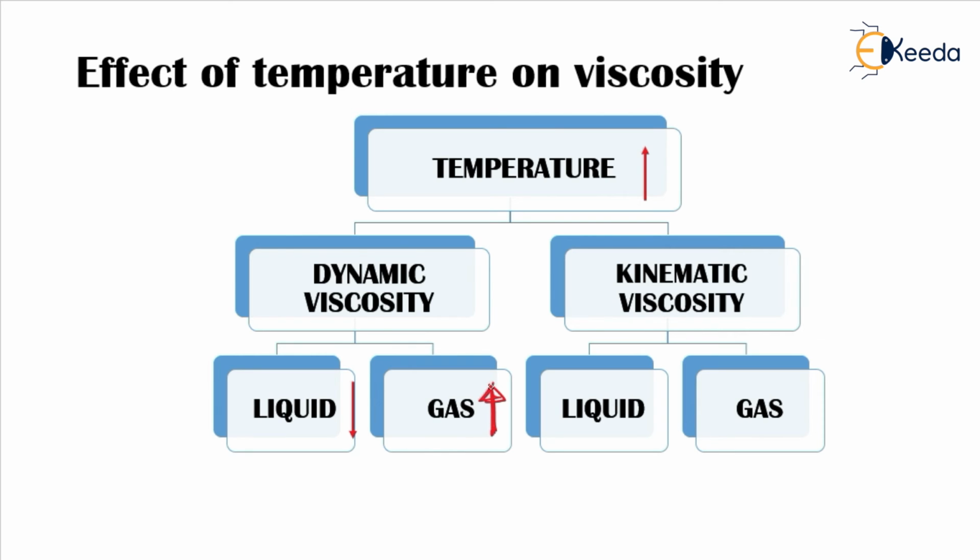Why is that so? Because in liquid the viscosity is due to cohesive forces. Once you heat it up and increase the temperature, cohesive forces decrease, because molecules get more energy and they separate. So cohesive forces become weaker, and that's why in liquid the dynamic viscosity will decrease.